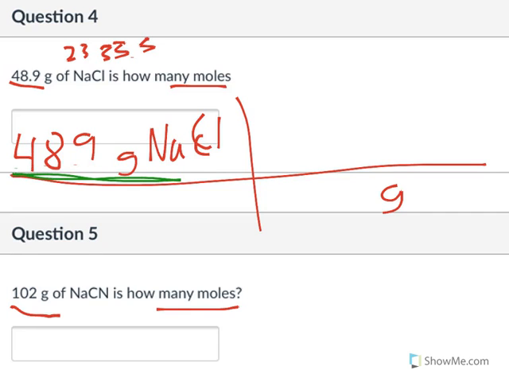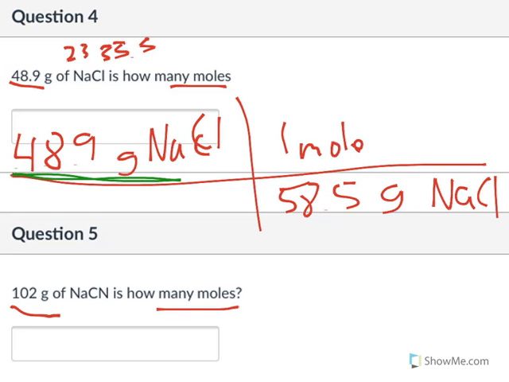So grams down here, 58.5 grams of NaCl is equal to 1 mole of NaCl. Same thing as the last ones we did, except this time the grams are on the bottom and the mole is on top, because the grams were on top on this side, so that's why they're on the bottom on this side. Wow, that was a terrible arrow.